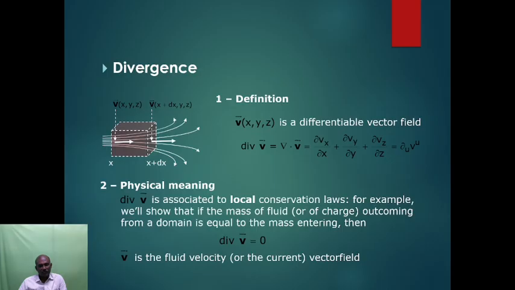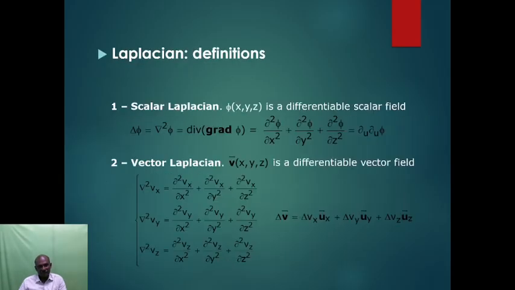If the mass of fluid leaving a domain is equal to the mass entering, both being equal, there is no divergence. So divergence of V is 0, where V is the fluid velocity.